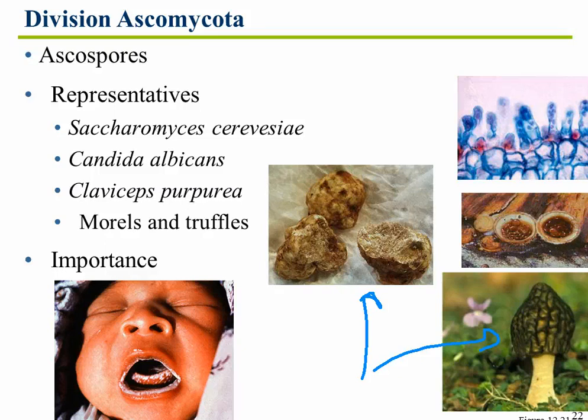By the way, the truffles are the guys that are put in a lot of foods, cheeses and oils, and they're very, very expensive, over $100 a pound. They are rooted out around the roots of certain types of trees, usually oaks. They use dogs to find them. So I'm not talking chocolate truffles here, by the way.